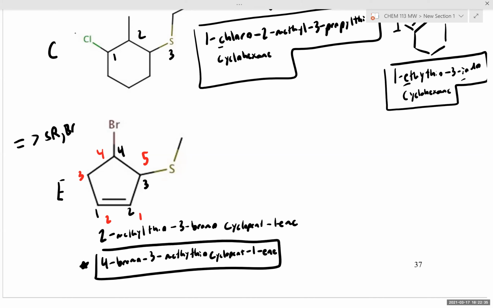The reason why the bromine substituent gets the higher locant number is otherwise your locant numbers overall would be larger. And our first goal is to minimize locant numbers while assigning the lowest locant number to the highest priority group. Does this make sense?